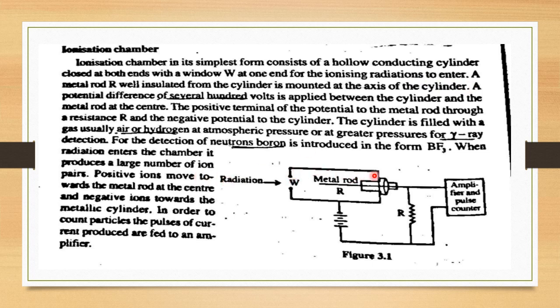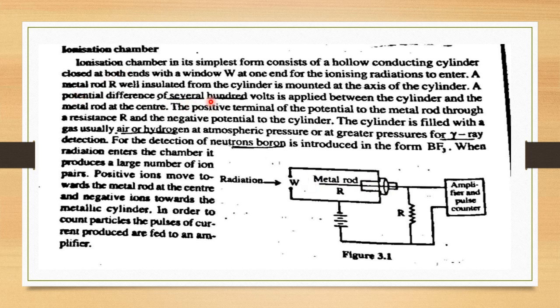This is a cylindrical shaped ionization chamber, fully closed, with a window through which the radiation is let in. A metal rod R, well insulated from the cylinder, is mounted at the axis of the cylinder.